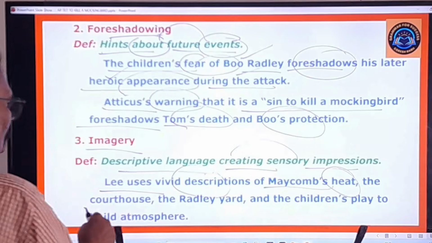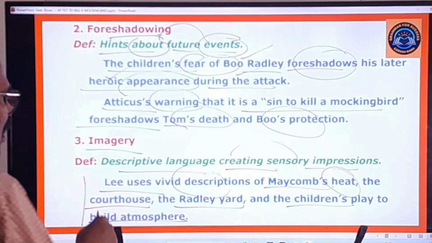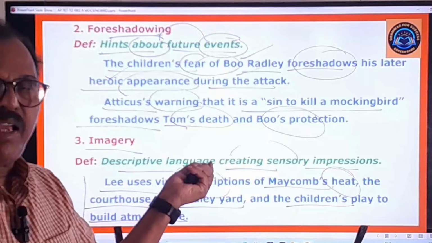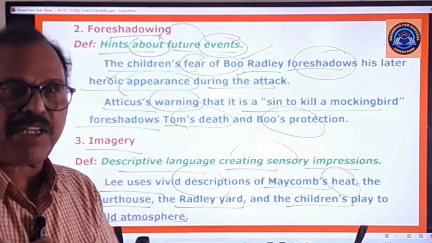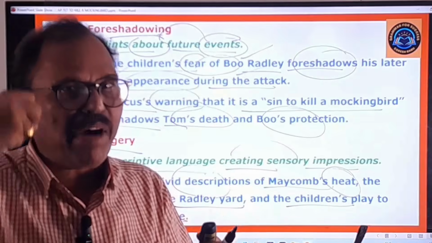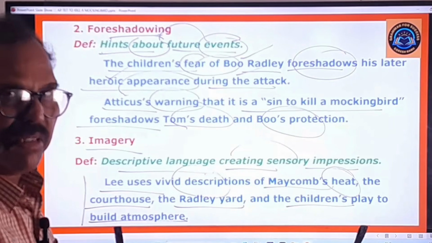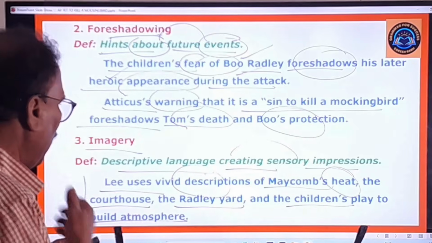And the courthouse also, the Radley yard, and the children's play, to build atmosphere. So in all these areas, she gives some description. From those descriptions, you can get some beautiful pictures in your mind, right? And now you go to other literary devices.